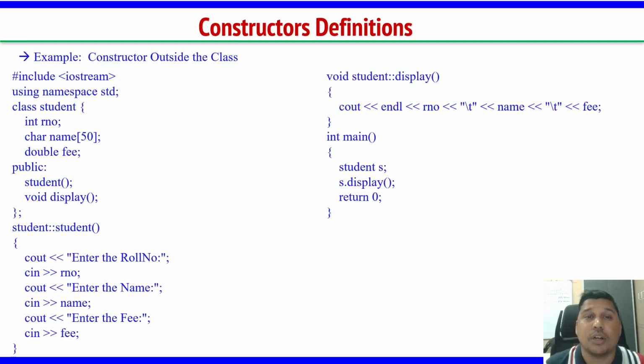This is about constructors and how we use them in our programs. As and when the object is created, automatically without our involvement, that particular body of the constructor will be executed. Its main purpose is to initialize values to the object variables or data members of that object. So this is about constructors. We will study the different types of constructors in the next session.